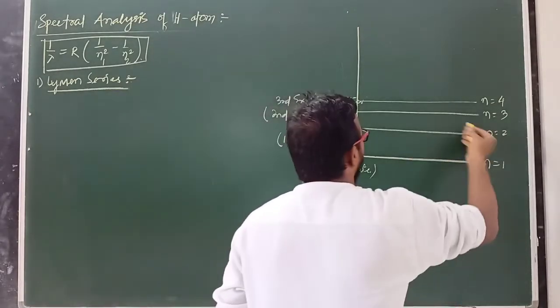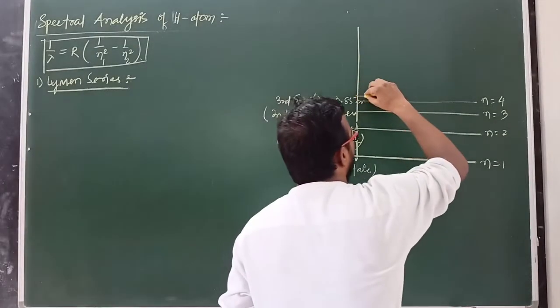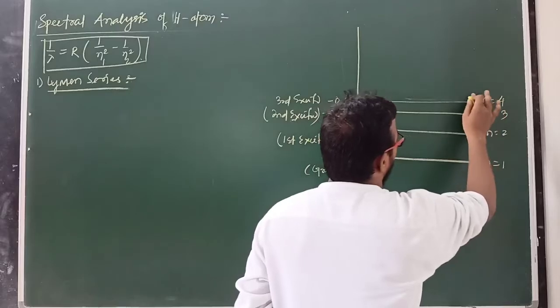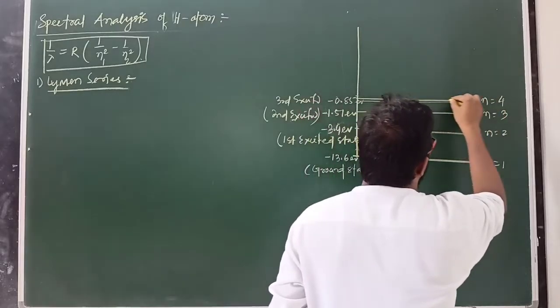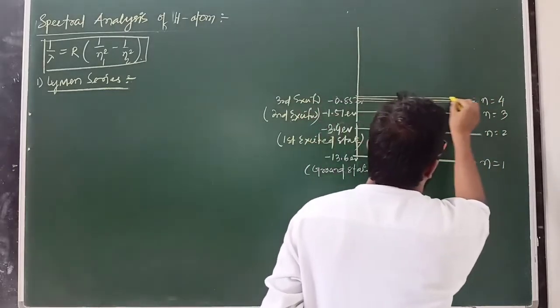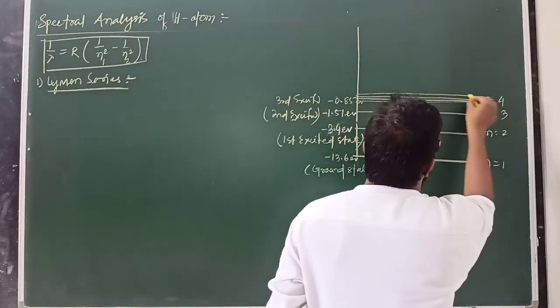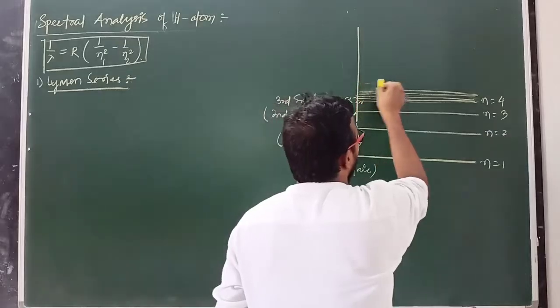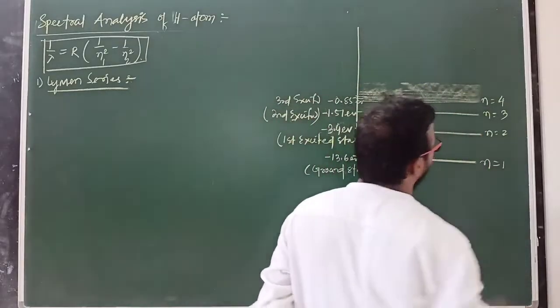Clear? And if you come to the next levels, the energy gap is very close, and the energy levels now overlap each other like this. Clear? So these are the energy levels.